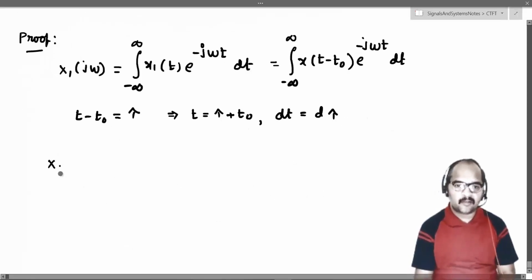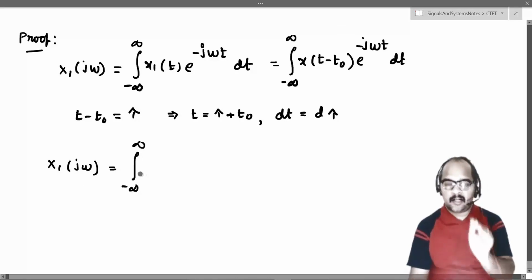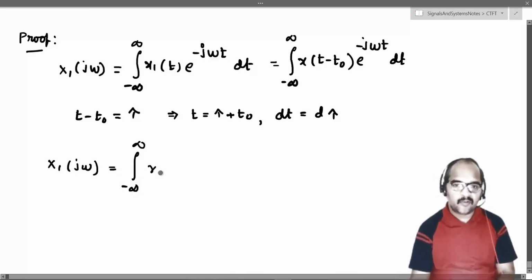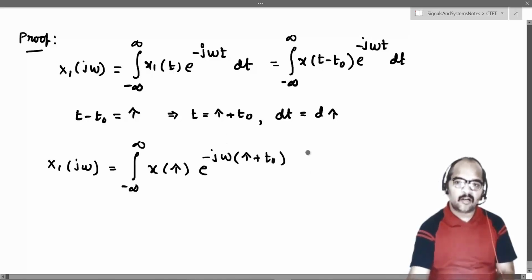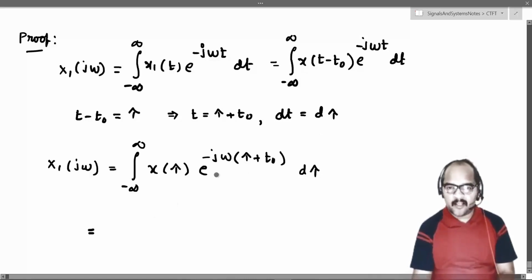So our x1 of j omega would be equal to the integral, and the limits don't change, so you get the integral from minus infinity to infinity. t minus t naught is replaced with tau, e power minus j omega, and t can be replaced with tau plus t naught, and dt with d tau. Again we can expand this exponential.